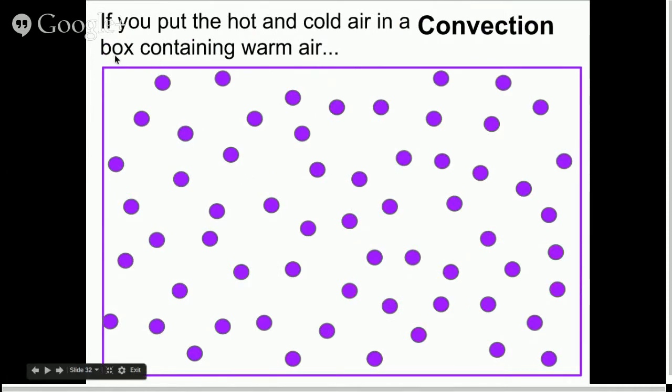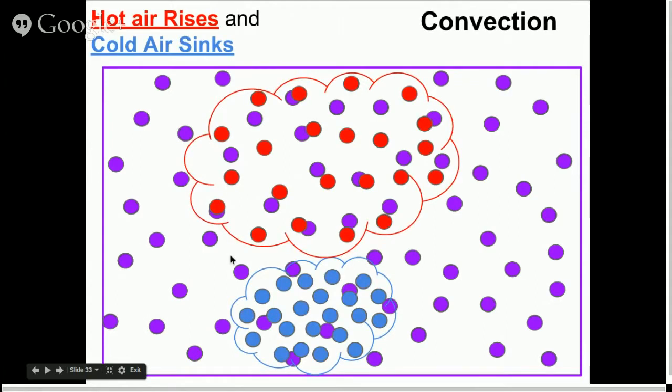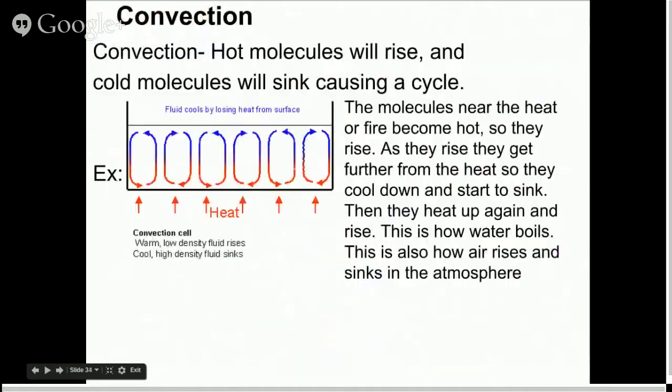So if you put the same hot and cold air in a box containing just warm air, normal air, the hot will rise and the cold will sink. This causes convection. So when you have a pot of water on the stove, the fire is right here.